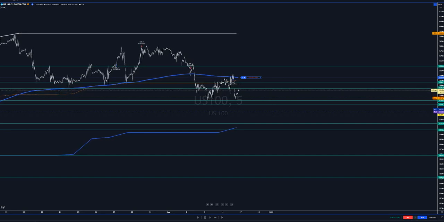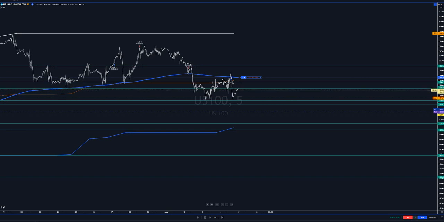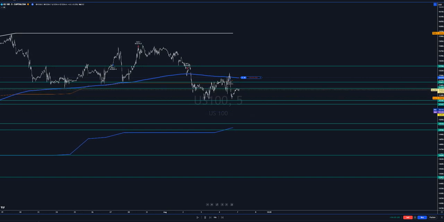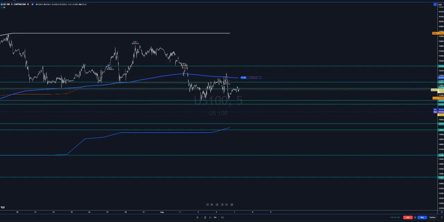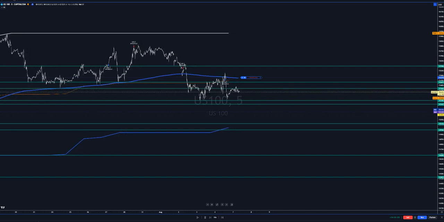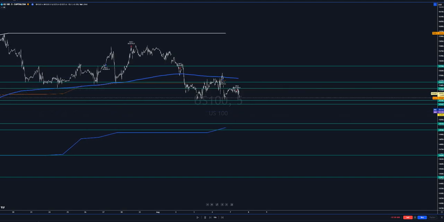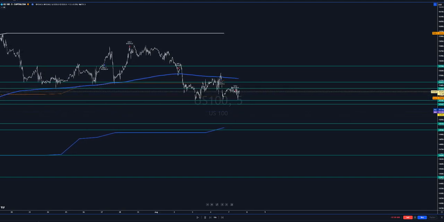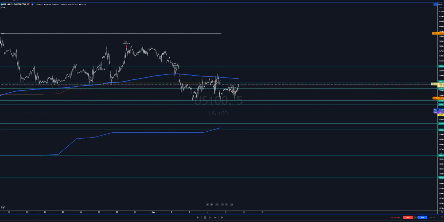I am doing this now without stop loss. Okay, we can say now, yeah, we got stop loss, so I take it out. Then we wait again until the market is above the EMA.